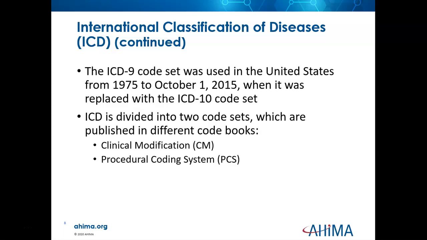ICD-9 was a pretty limited code set. It couldn't be expanded. And ICD-10, which was implemented and adopted by the World Health Organization, had ways of expanding the codes. When we get into ICD-10-CM, I'll show you how codes can be modified and expanded.